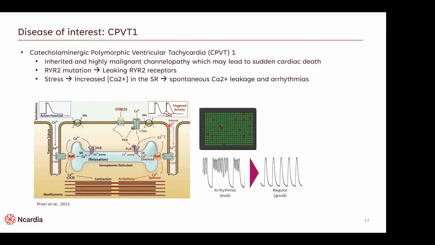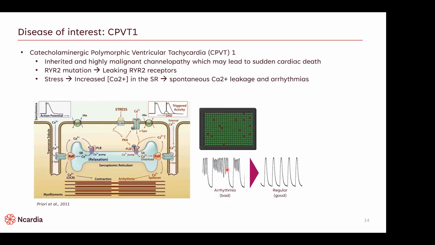For us, this is a perfect phenotype, so to say, because we are working towards using microtissues in high throughput. We are screening multiple plates at the same time, so we would like to have a very clear black and white phenotype. So seeing arrhythmia would be bad, and seeing no arrhythmia would be good in this case.